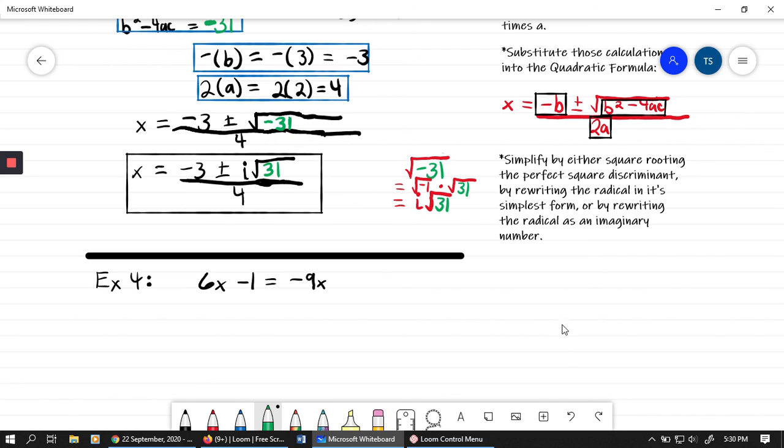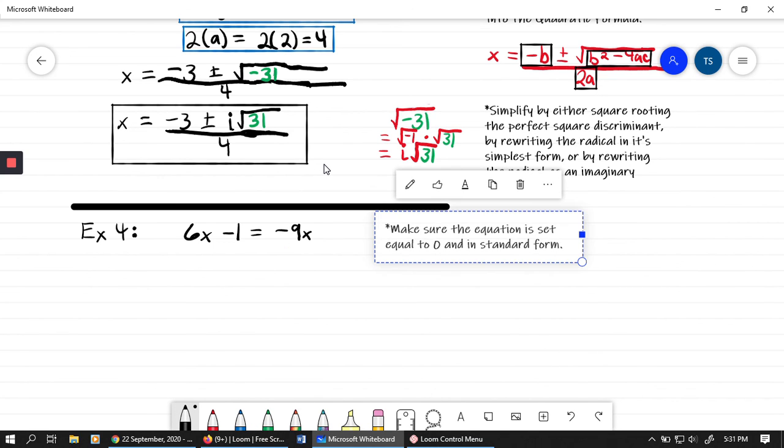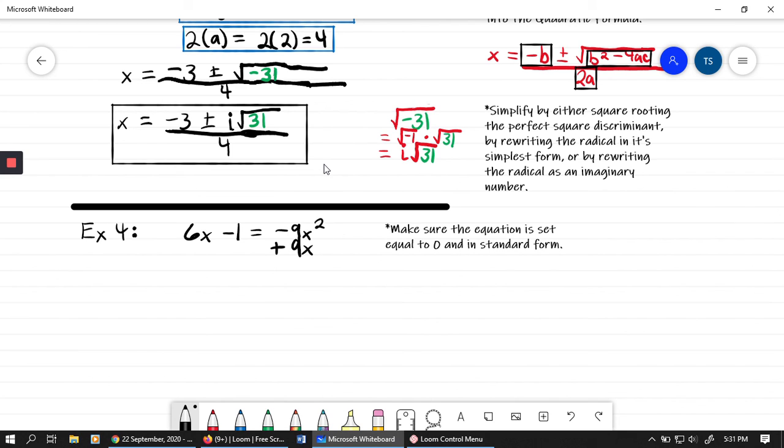So let's say that we were looking at this example here: 6x minus 1 equals negative 9x. Remember, first thing we need to do is make sure that our equation is in standard form, and that it's set equal to 0 as well. So here, we'll add 9x squared to both sides.